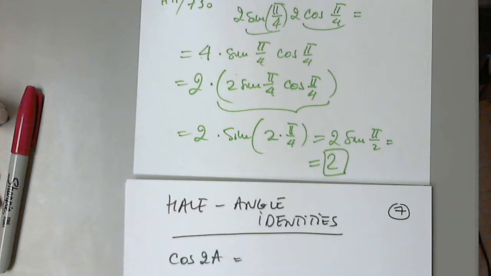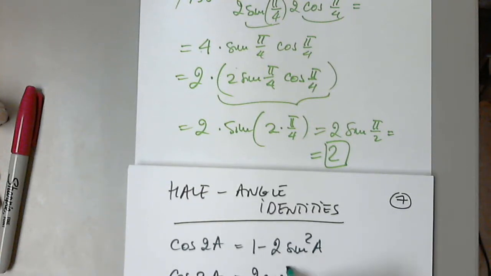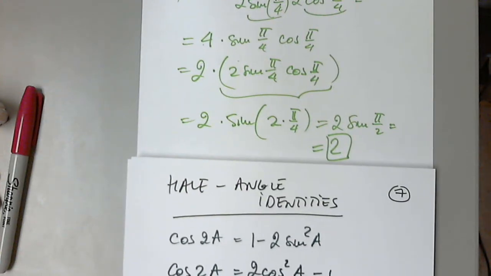I don't want the general one, I want the other two. So either 1 minus 2 sine squared A or 2 cosine squared A minus 1. So we know we have 3 possibilities for cosine twice A. Either 1 minus 2 sine squared A or 2 cosine squared A minus 1.